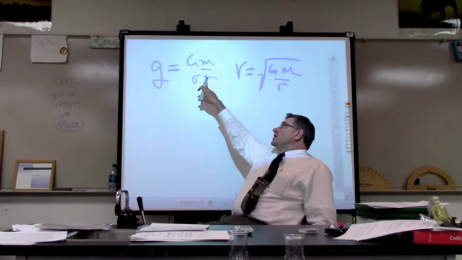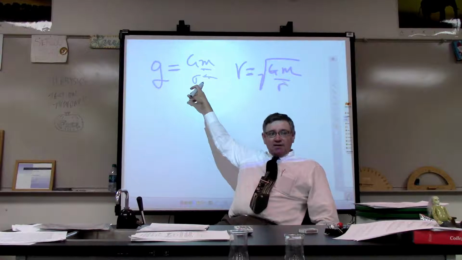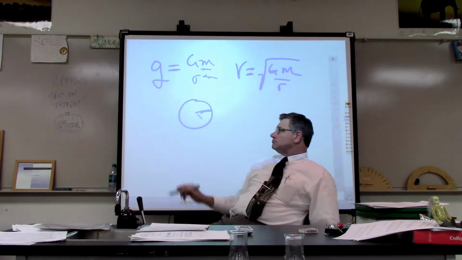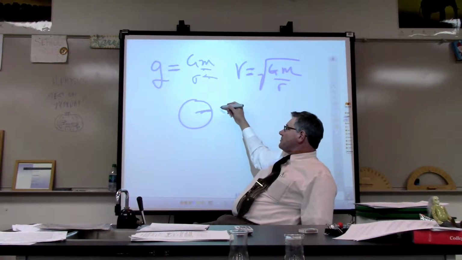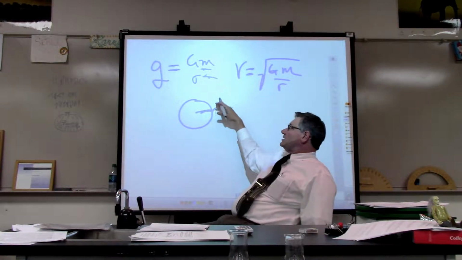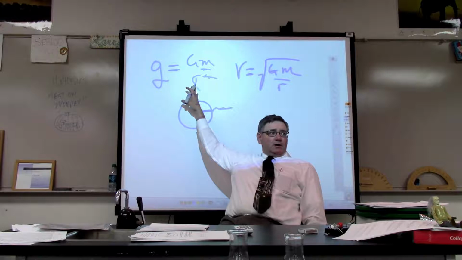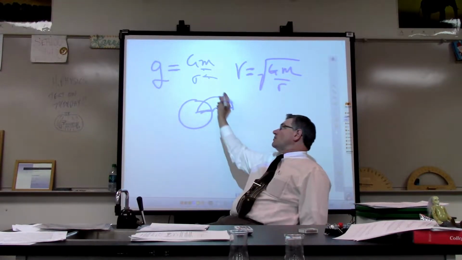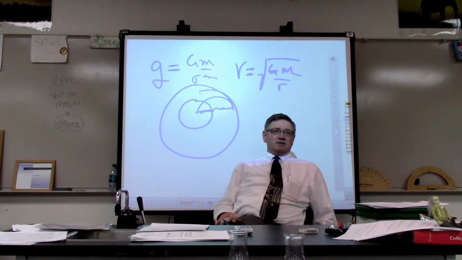So, if I double the radius, let's say for example, here's the Earth, right? If I make that radius bigger, let's say I double that radius to 2r, this now becomes the new size of the Earth.